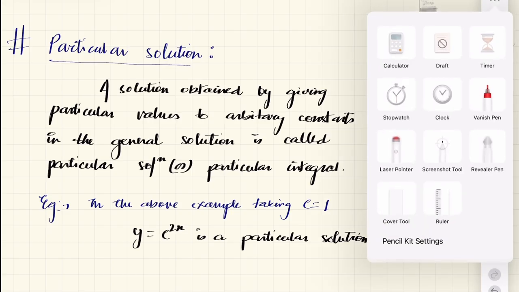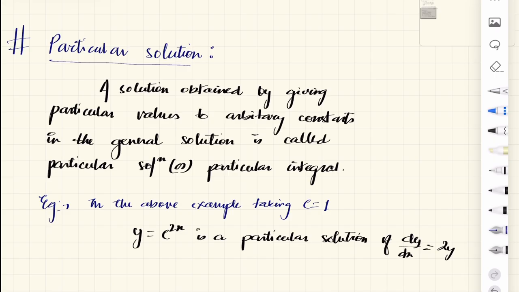Now you understand or not? Before there was a C, but this C changed to 1 because the particular value was given to the arbitrary constant. So how many arbitrary constants are there? We have only one.